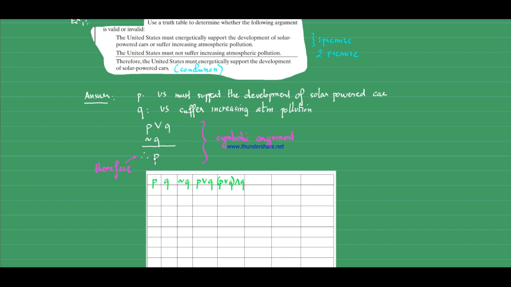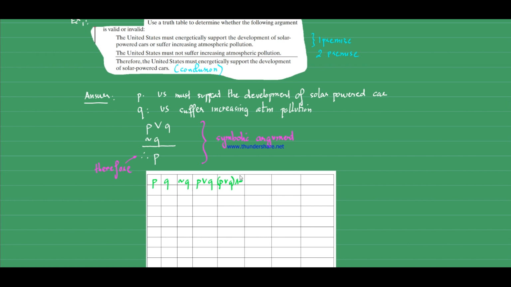So this is the conclusion over here. We take this part over here and draw the arrow. I'm sorry, this should be the negation. Let me delete this. So it should be the negation of Q.